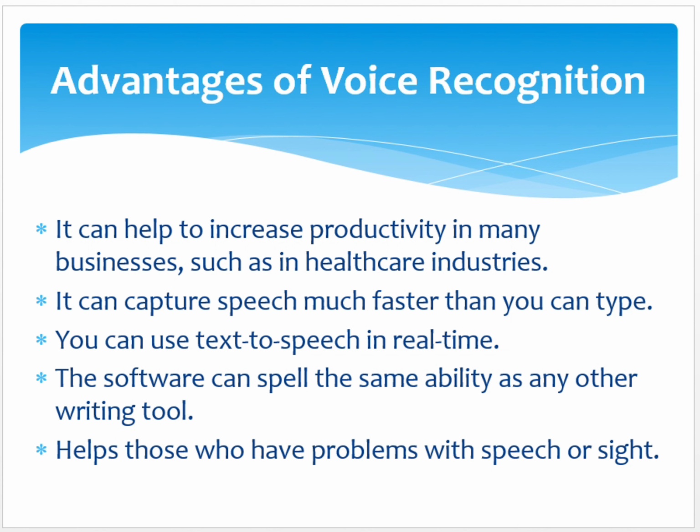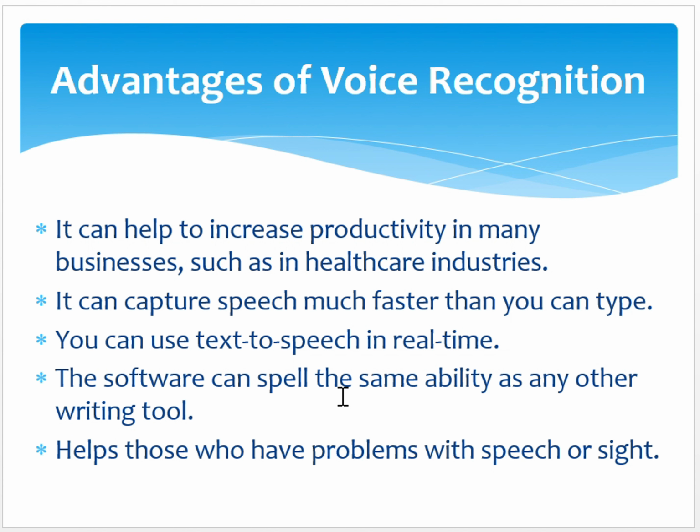Another thing, you can use text to speech in real time when you are dealing with a gadget that has these features. It's also able to spell words and even give you ways of how you can pronounce them. So it can assist people who have challenges speaking or seeing. If you have a challenge speaking, the system can assist you in talking.